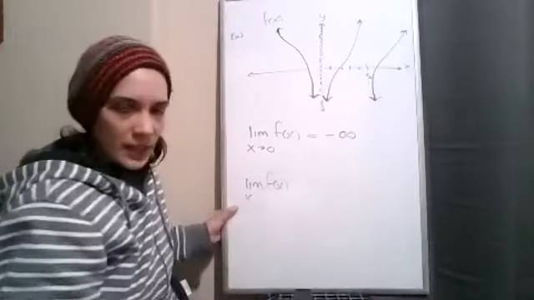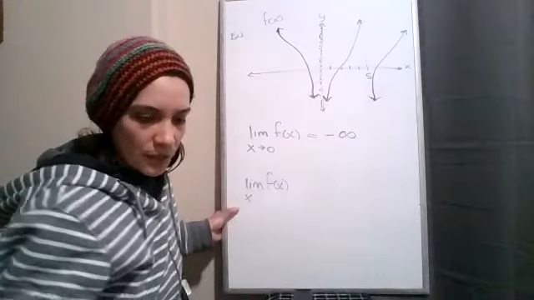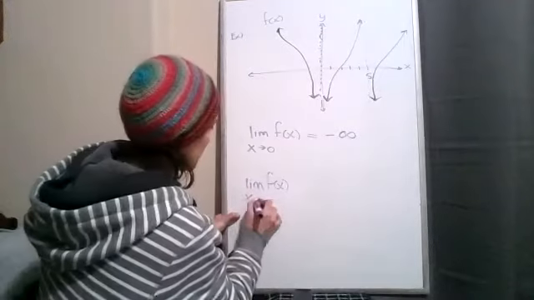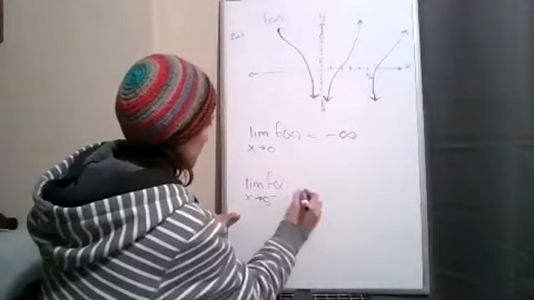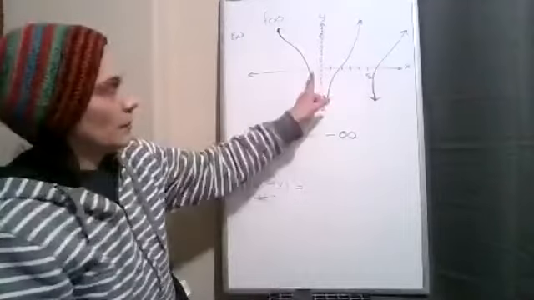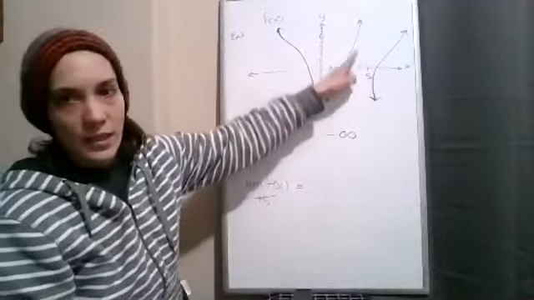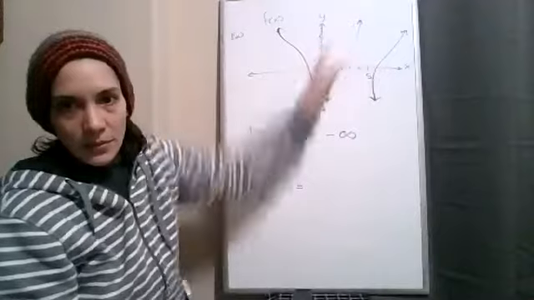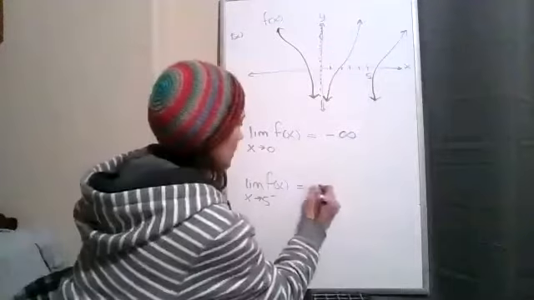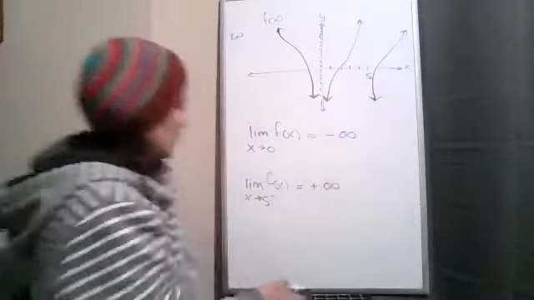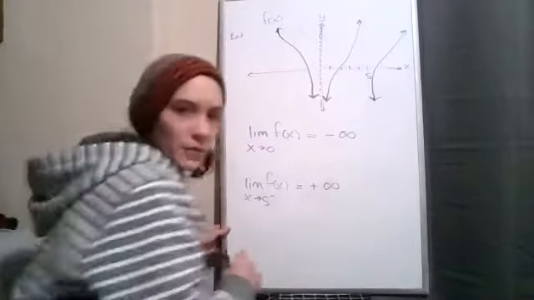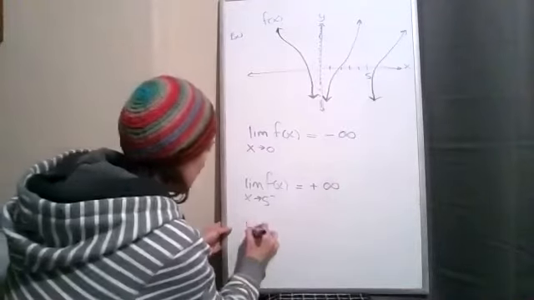Okay, for your function, let's find the limit as x approaches 5 from the left. So from this side, your limit is what? Limit as x goes to 5 from the right.